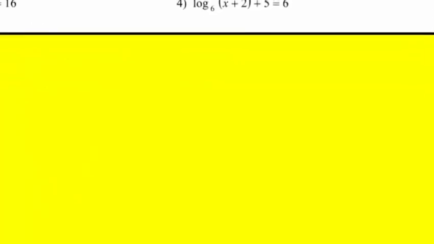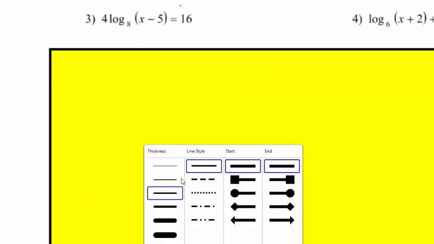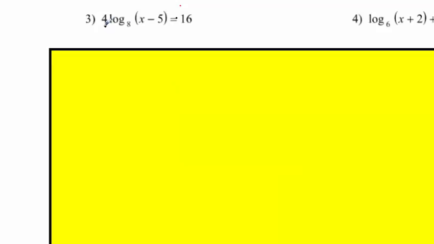Alright, so for question 3 here, the first thing I want you to see is that there's a number out front of the log equation. Well, I can get rid of that if I divide, and all of these are all together, so there's no plus or minus. That means all of these are being multiplied, right? So I can divide this side by 4 and this side by 4. And so that's going to give me this log function. So now I have log 8 of x minus 5 equals 4.